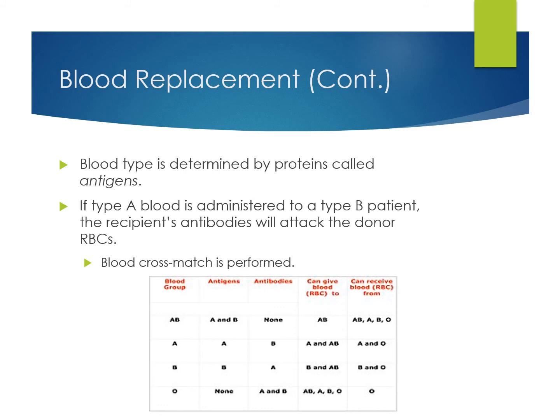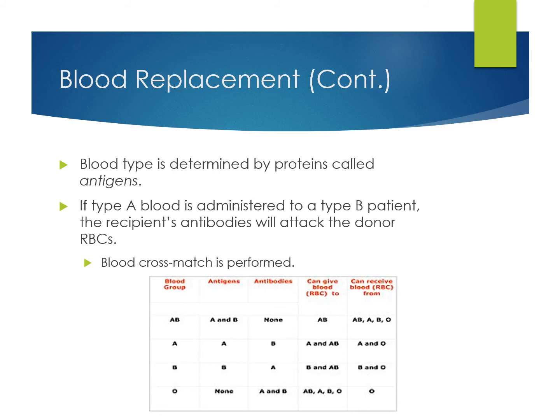You can see here, if you want to look more into antigens and antibodies, I'm not going to test over this, but you can see who can give what type of blood to what patients, basically what's compatible with what. You might have heard of universal recipients and universal donors.